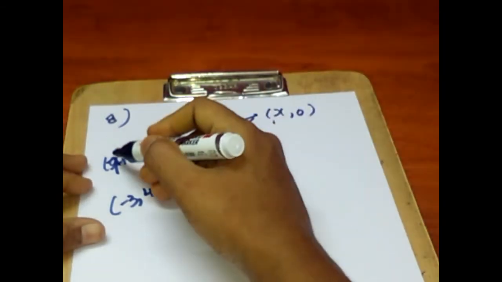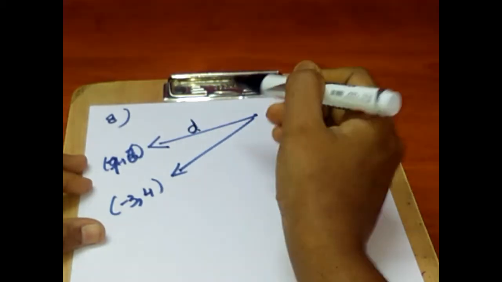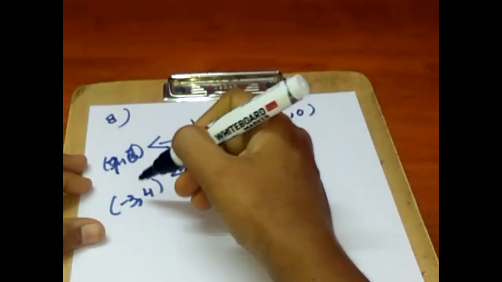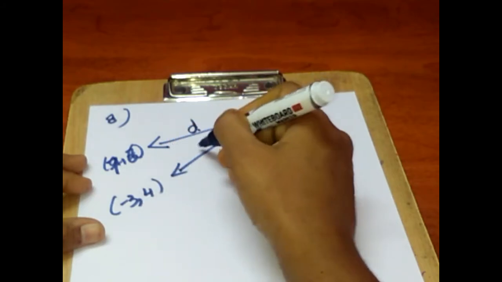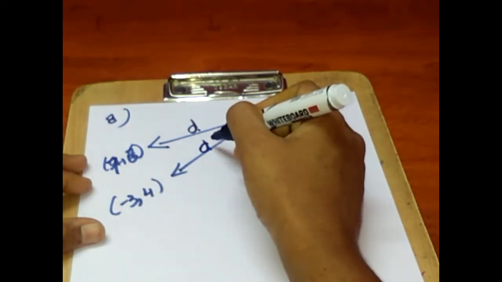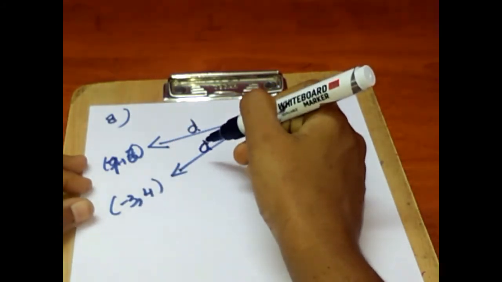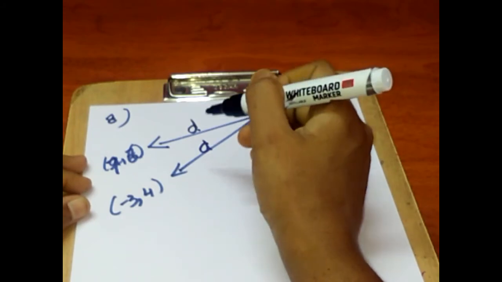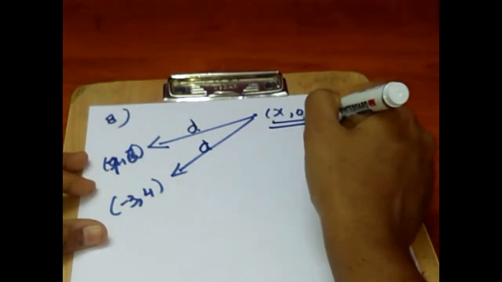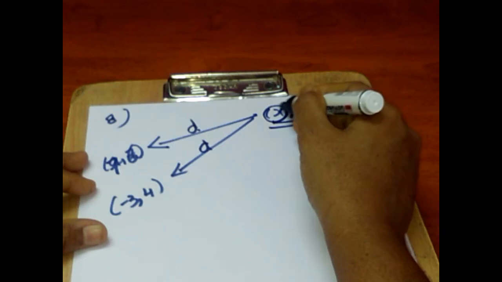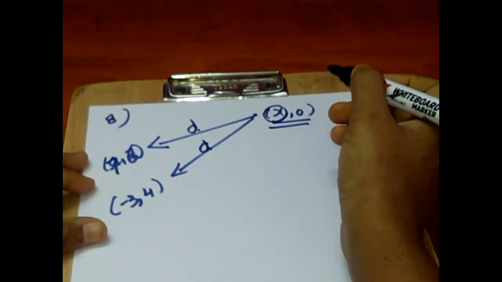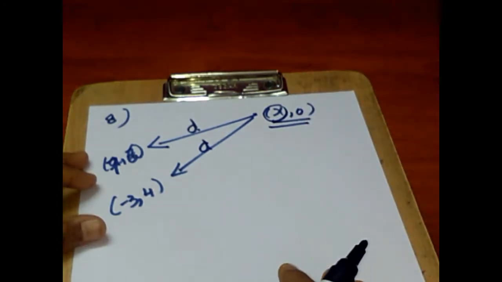From this point to 7, 6 distance is same as from this point to the minus 3, 4. So both the place the distance is same. So now the question is, we need to find what point on x-axis. That means value of x or abscissa should be calculated.